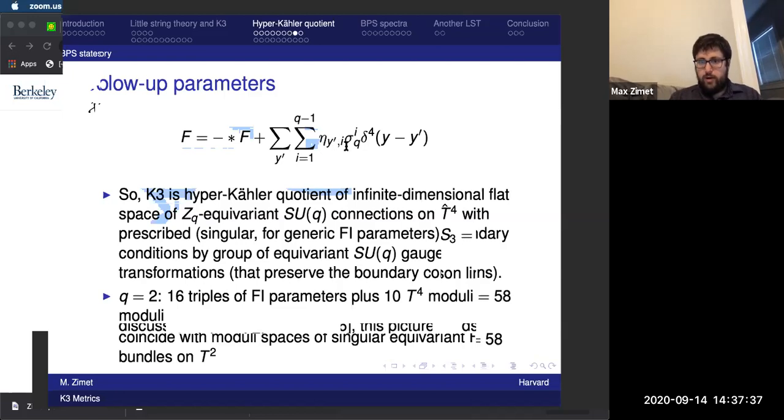They're valued in the Lie coalgebra, the dual of the Lie algebra, and you can see that from the fact that the way they show up in the Lagrangian is that you take the Killing pairing of a Fi parameter with some field in the adjoint representation.